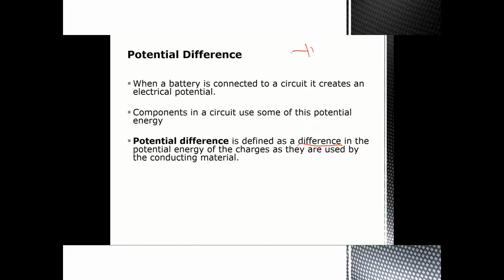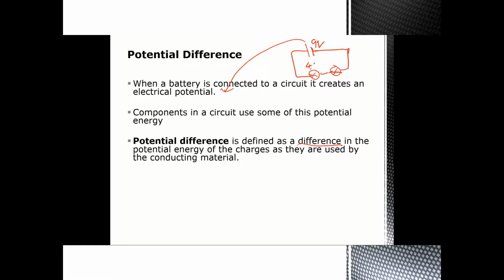Here's my symbol for a battery, and here are two light globes. Let's just say we have a 9-volt battery. That 9 volts is the electrical potential for the circuit. Now these two light globes each are going to split this electrical potential.